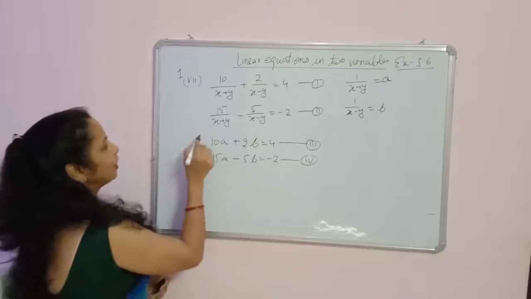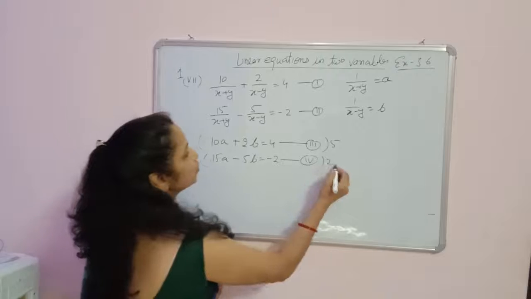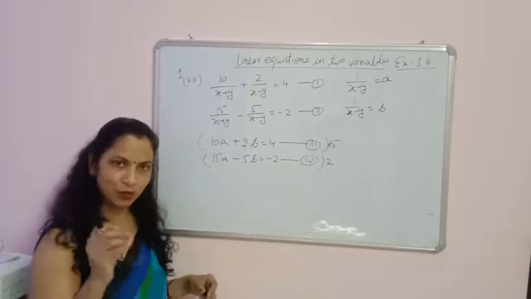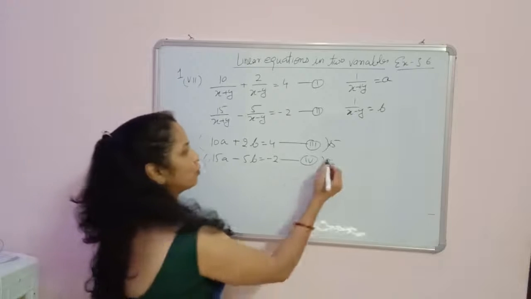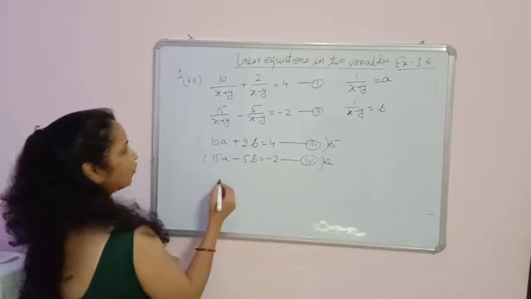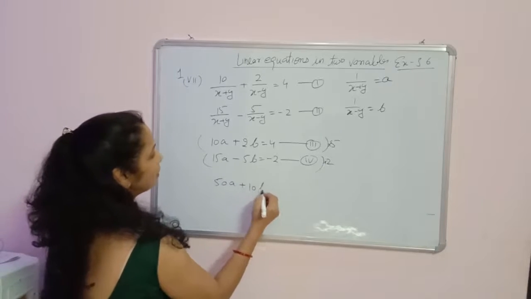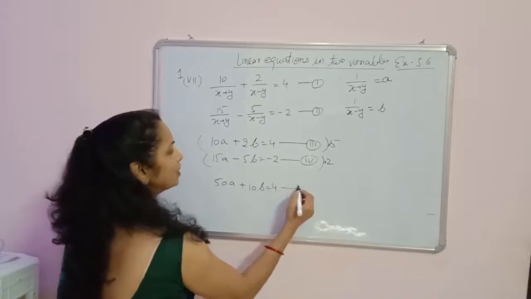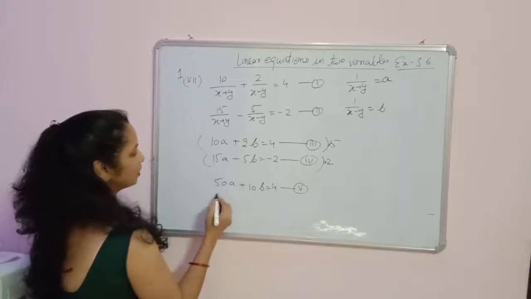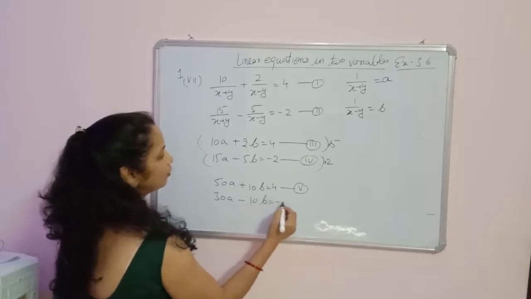So we have to multiply equation third by 5 and equation fourth by 2. So you will get 50a plus 10b is equal to 4. Now you can say this is equation 5. Doesn't matter how many equations you have made here. And 15 twos are 30a minus 5 twos are 10b is equal to minus 4.